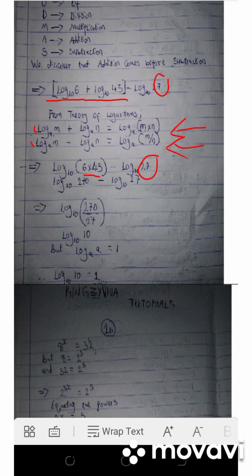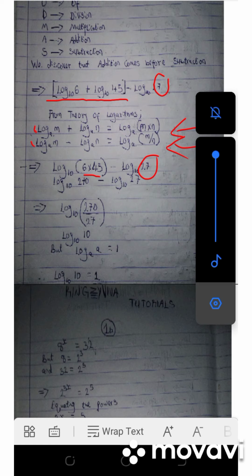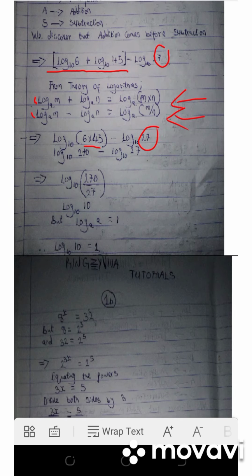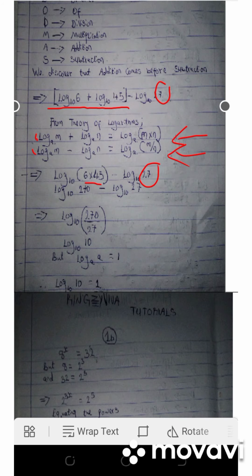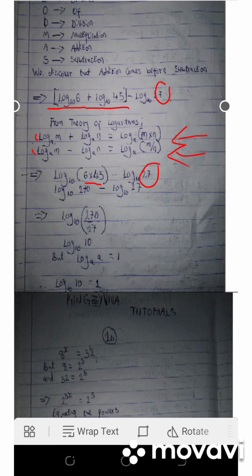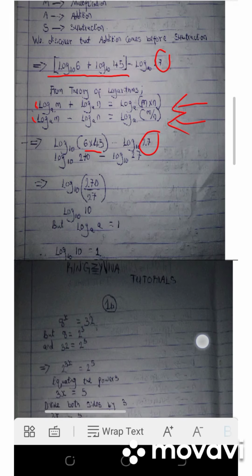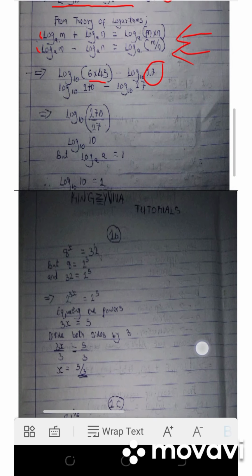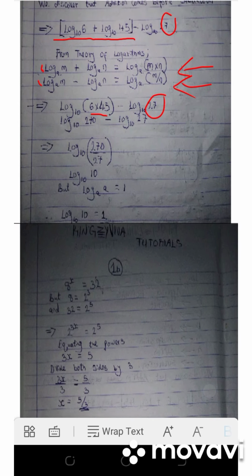So log 270 to base 10 minus log 27 to base 10. And then from the second law of log, which I wrote up here, log m base a minus log n base a is equal to log m over n base a.